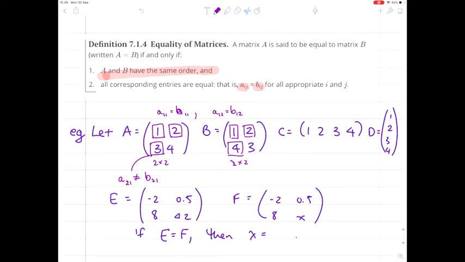And similarly, if we have a look at these two vectors over here, here we have a row vector, and here we have a column vector.